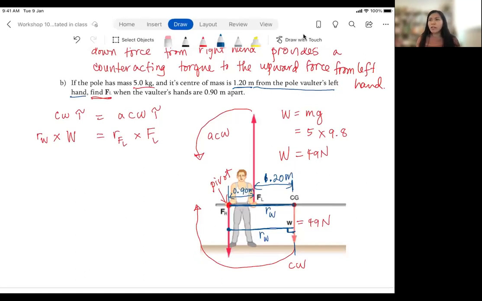Okay, so therefore RW is from the pivot point, from the right hand, to the center of mass, right? So we have to add these two. So RW will then be equal to 0.9 meters plus 1.2 meters.